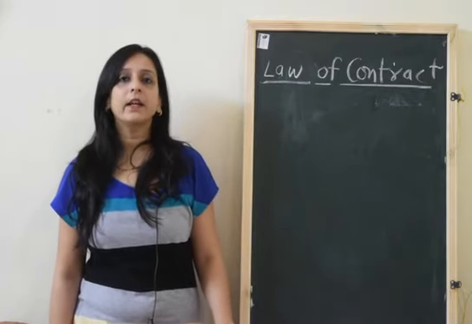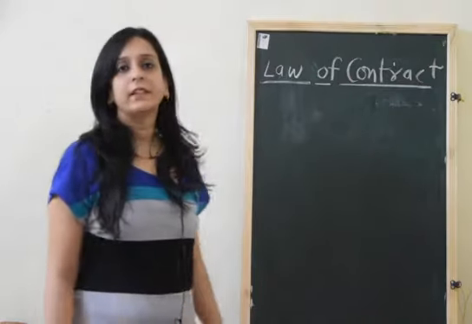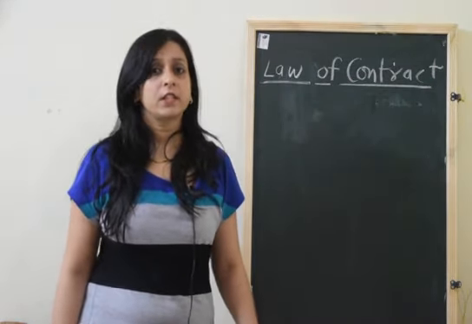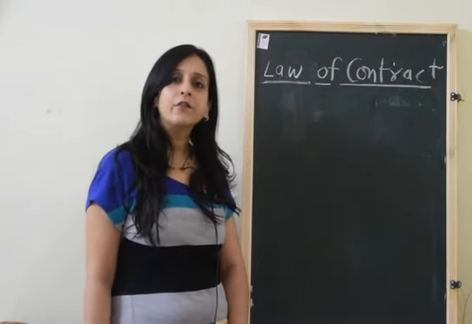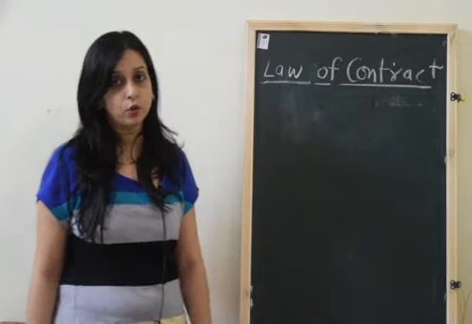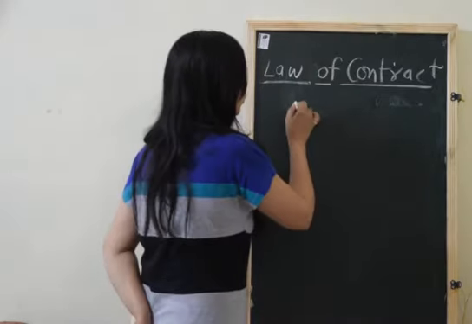At first, what is a contract? The definition is mentioned under the Indian law of contract under section 2(h), which is talking about what is law of contract. An agreement which is enforceable by law is a contract. So, a contract is basically made of two things.